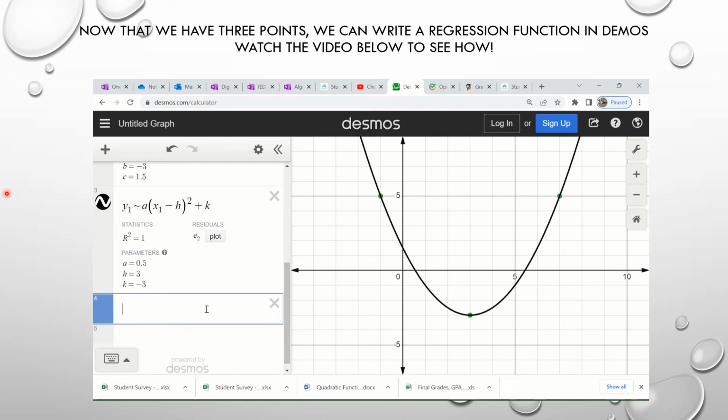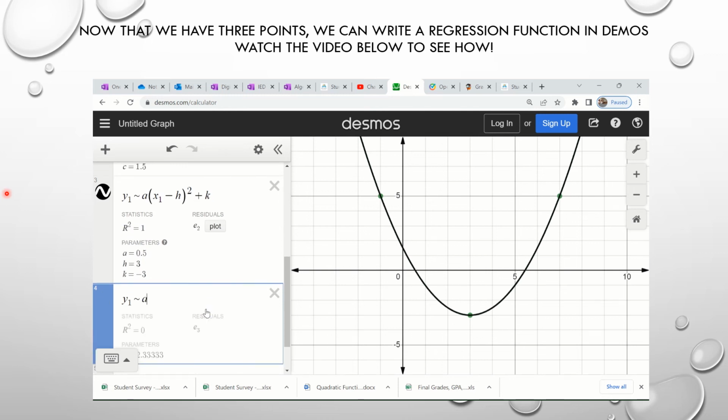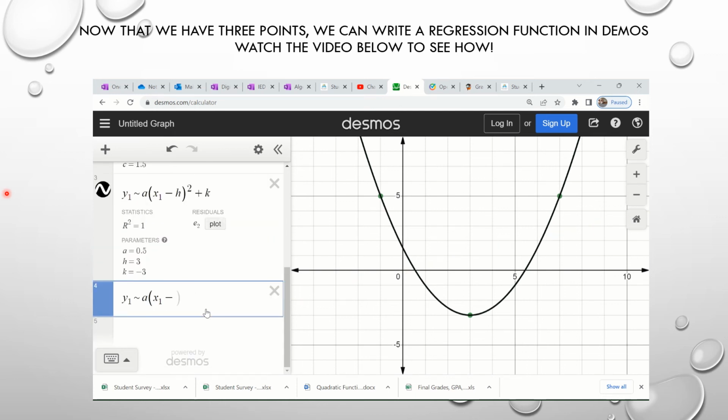Okay. So we will have y1, then the tilde, a, x. Now again, not x minus p, but we need x1 minus p, and then x1 minus q. And if you look at what happened, the red graph went right on top of the black one, which went right on top of the green one.